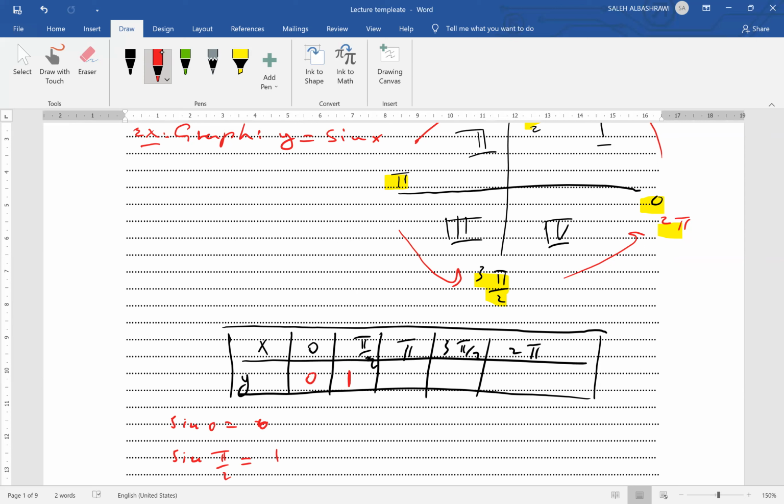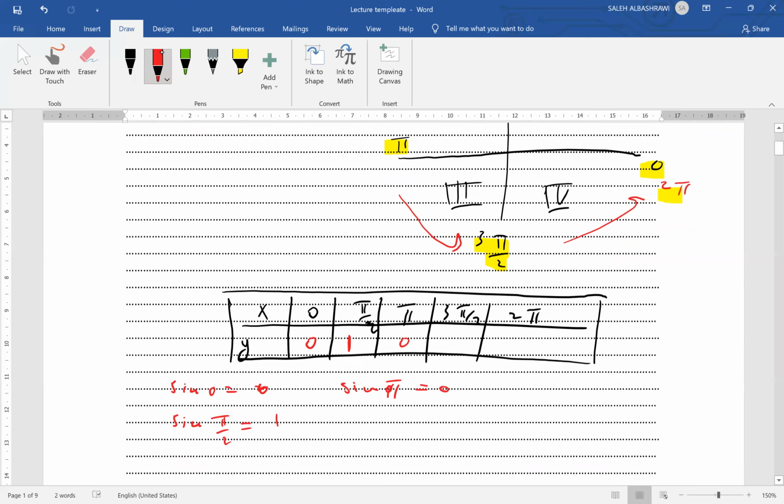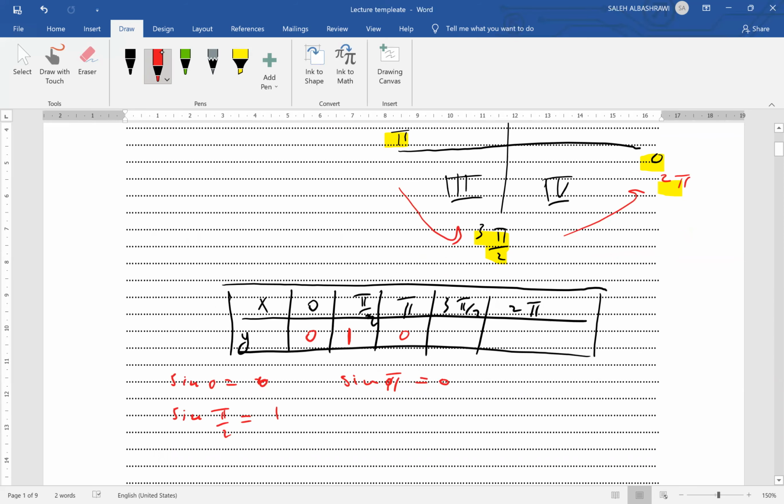Third one, sine of pi is equal to 0. Sine of 3 pi over 2 is equal to minus 1. And the last one, sine of 2 pi, is equal to 0.